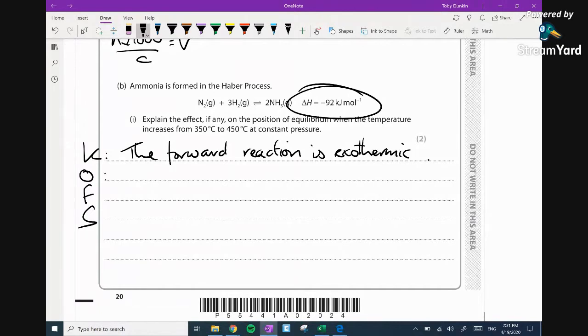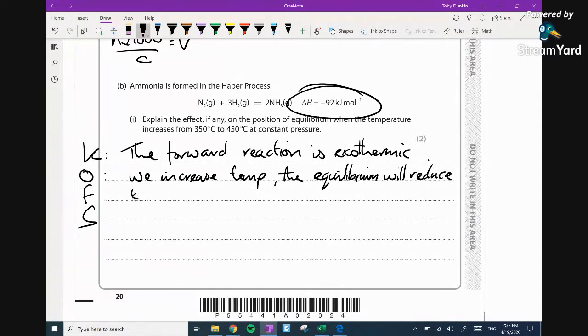Next, oppose. If we increase the temperature, the equilibrium will reduce temperature, will reduce temp. How will it do that? So move, favor. Yeah, how will it do this?